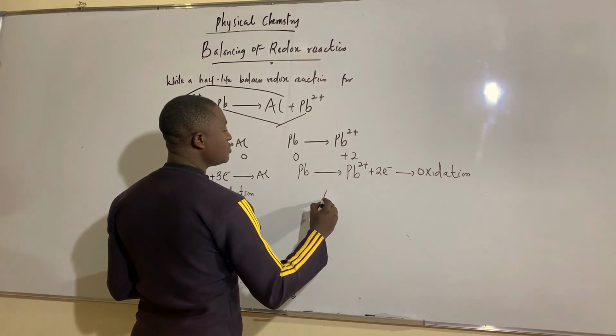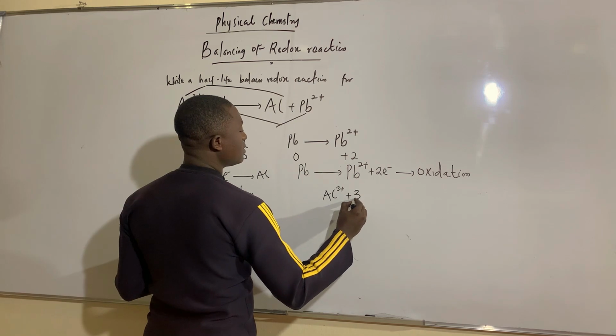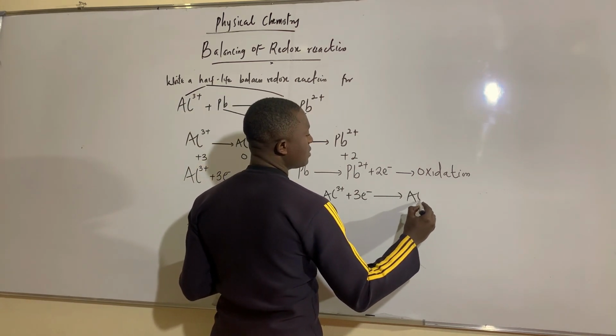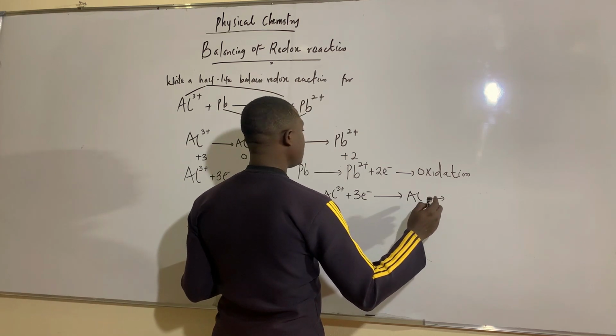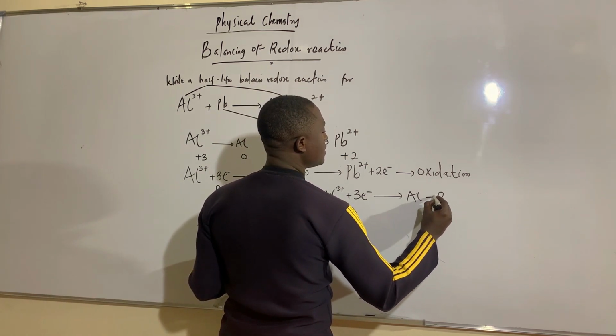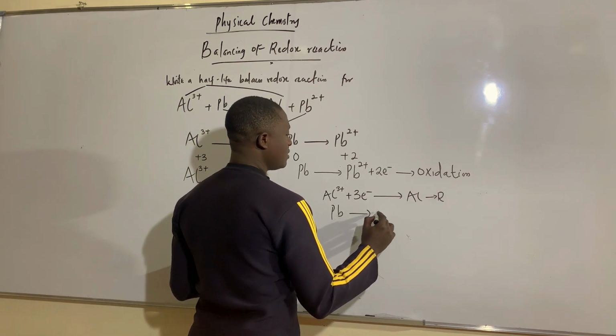So let's bring out the two. The first one we have Al. This is for reduction, right? For oxidation we have Pb.